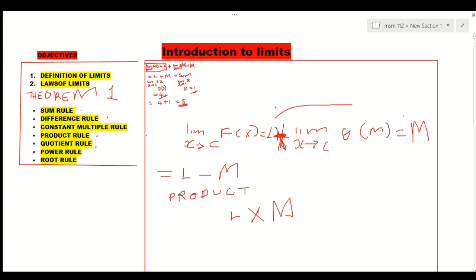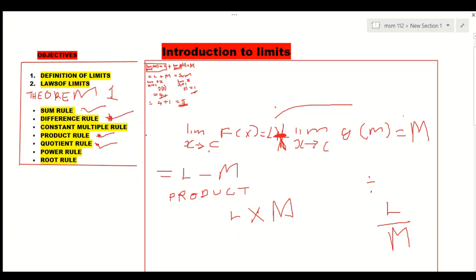Simple. Quotient rule, just if there is a division sign there, just divide them like this. Then you find your answer. So quotient rule, we are done. And product rule, even this, we are done. Let me tick. It's the same principle, but just change the sign and do the needful. Where there's a multiplication sign, multiply everything. Where there's a subtraction sign, subtract.